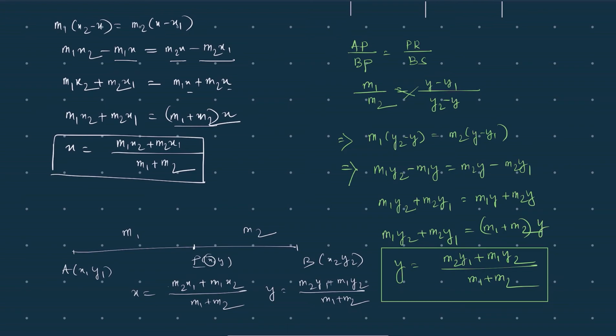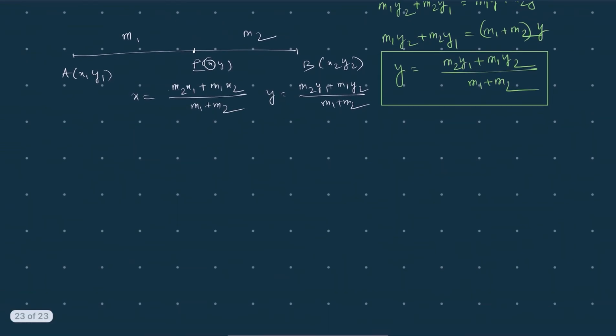Okay, we can find so many points like this. Suppose this point P, same straight line, x1 y1 and x2 y2.